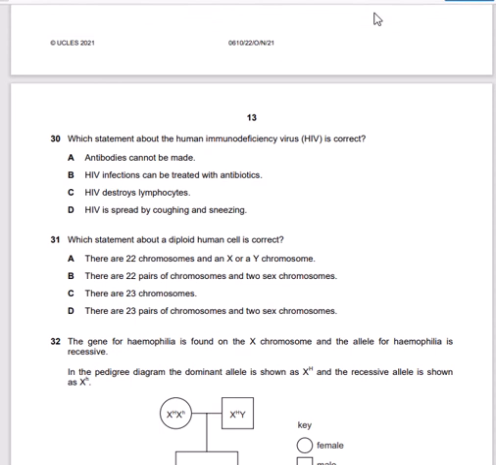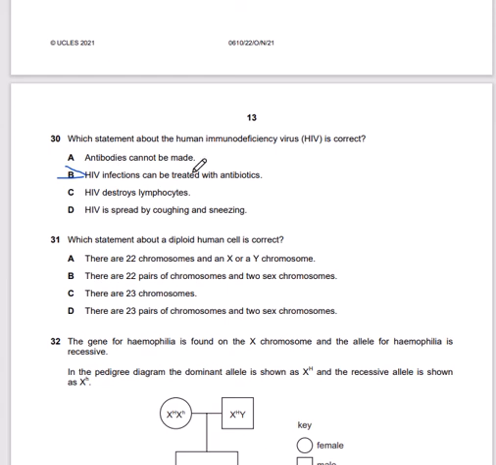Which statement about the human immunodeficiency virus HIV is correct? Antibodies cannot be made. HIV infections can be treated with antibiotics. Nope. Viruses cannot be treated with antibiotics, because antibiotics break down the cell or stop the replication. A virus takes over the machinery of a normal human cell, so it won't be identified.